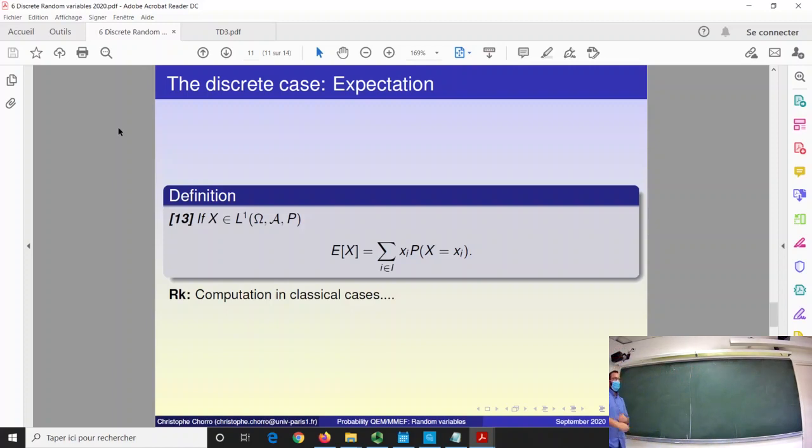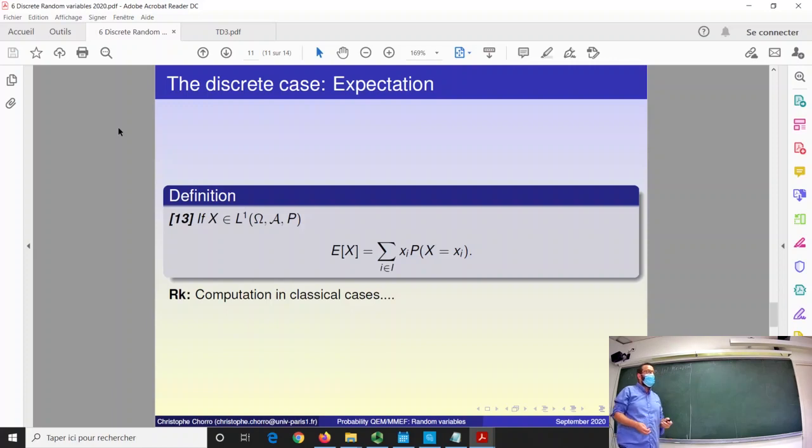Okay. So I define the expectation for the ones that are in L1. So remember what L1 is. L1 is the set of the random variables such that the sum of the absolute value of xi times the probability that x is equal to xi is finite. What you have here is just the absolute value of what you have in the sum in definition 13.